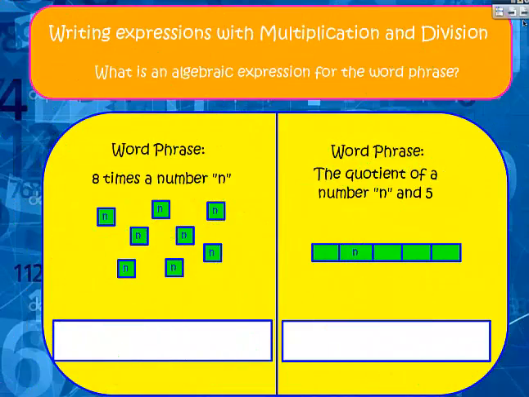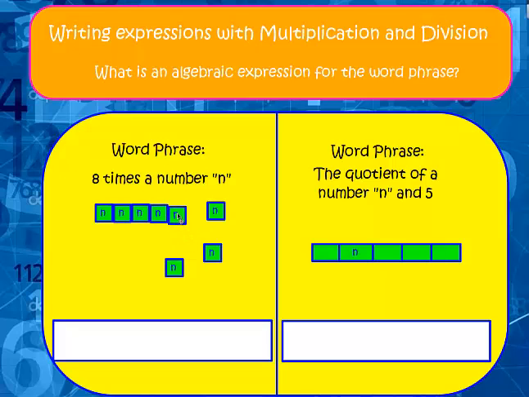Another way we can write expressions is with multiplication and division. Looking at this word phrase, it says 8 times a number n. Most of us know that times is going to mean multiply. So what I'm looking for here is how many times I have n.